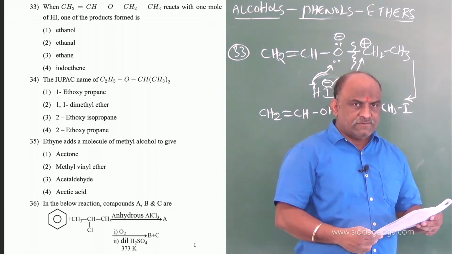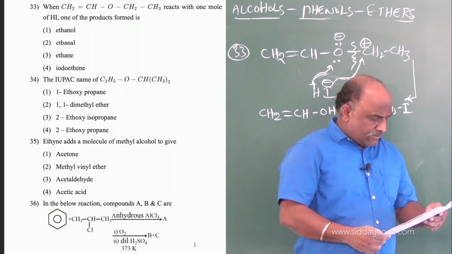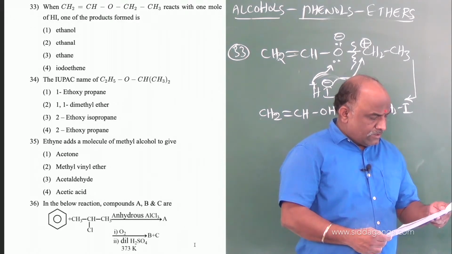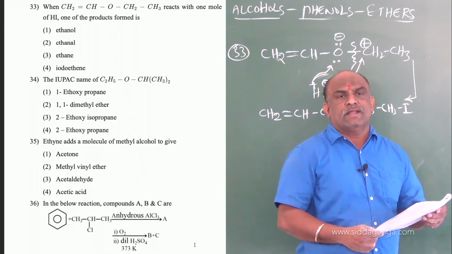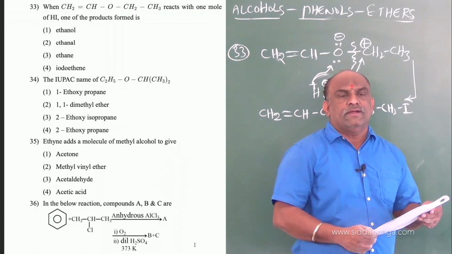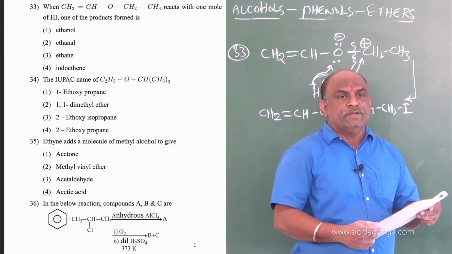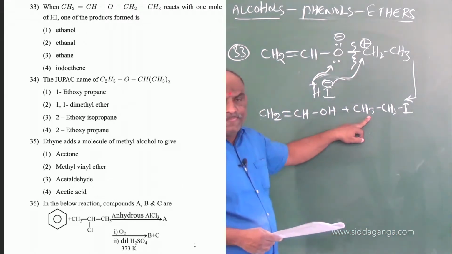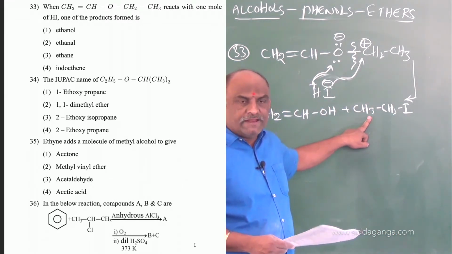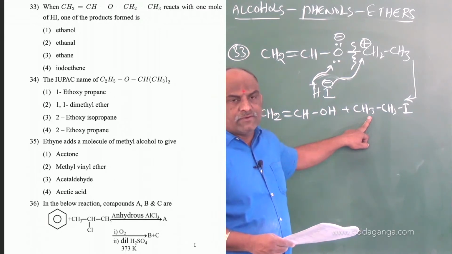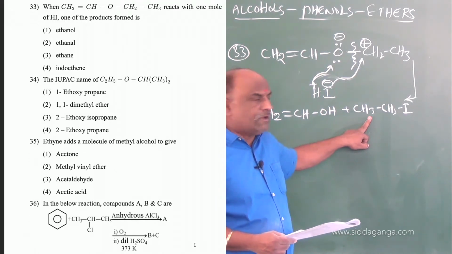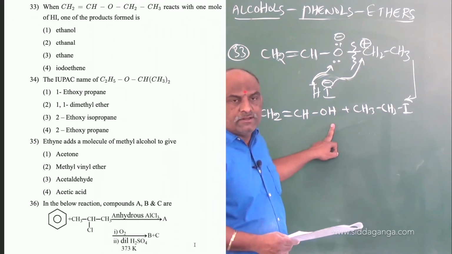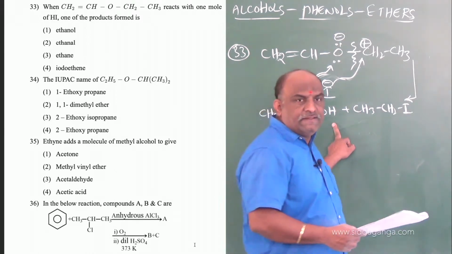So the answer was ethanol, ethanol, ethane, iodoethane. In these options the proper answer was not there. With 1 mole of HI, one of the products formed is ethyl iodide, iodoethane, and iodoethane is the right answer. If you correct the fourth option to iodoethane, then it is correct. But vinyl alcohol is also not there; ethanol, ethenol.